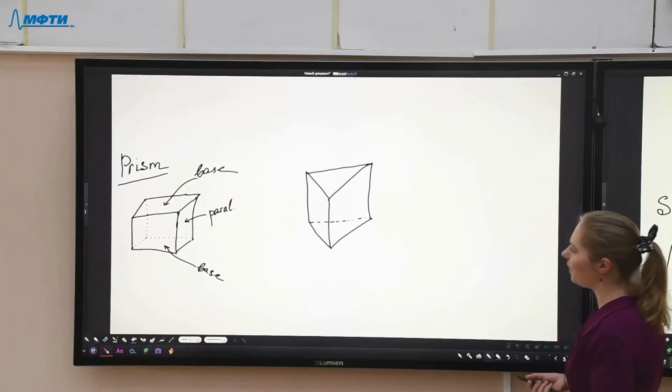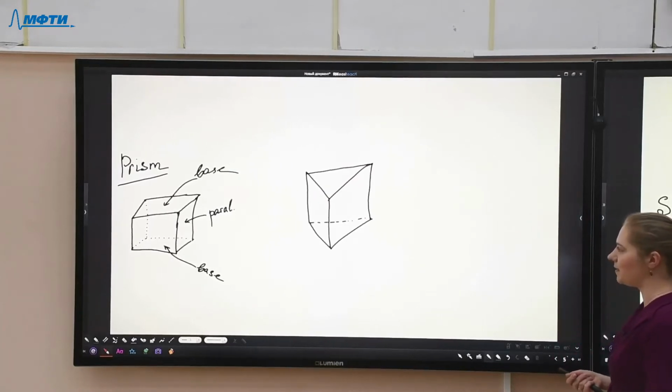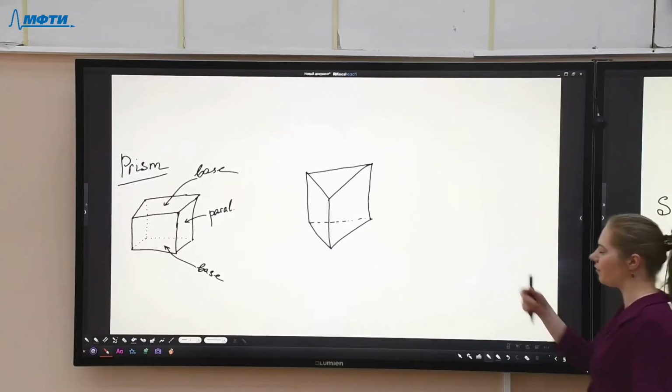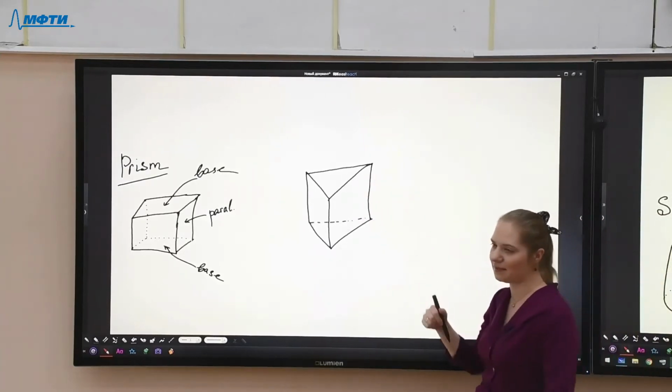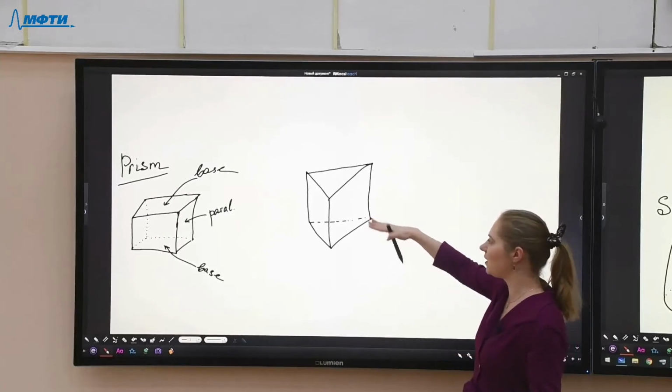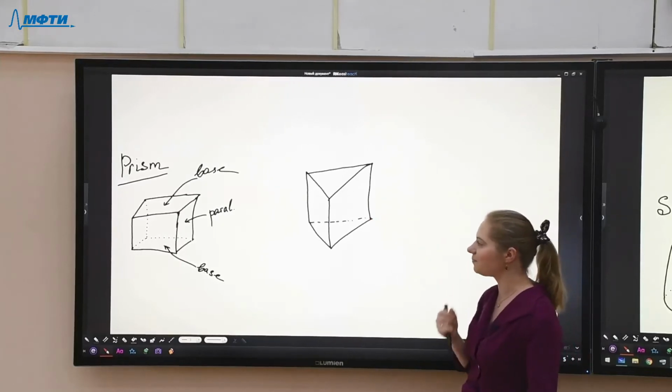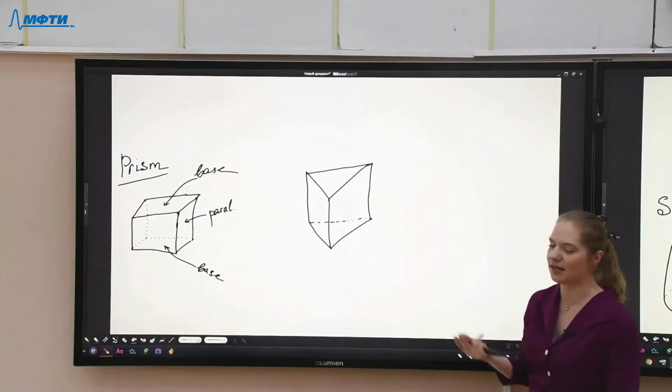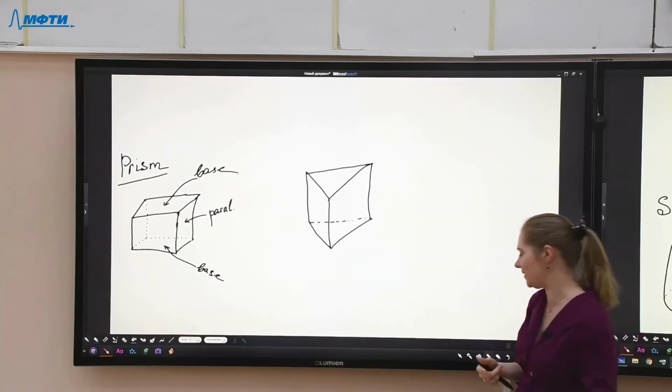Sometimes we have a case when we draw a perpendicular from one base to the other base, and this perpendicular is parallel to our faces. It means that in this case we are talking about a right prism.